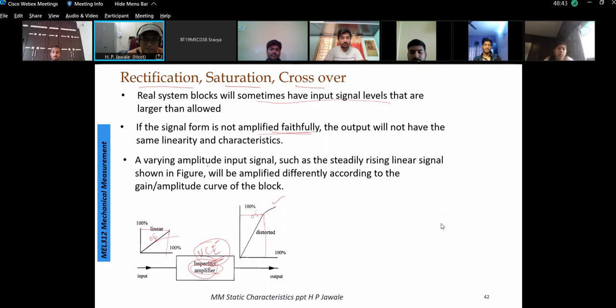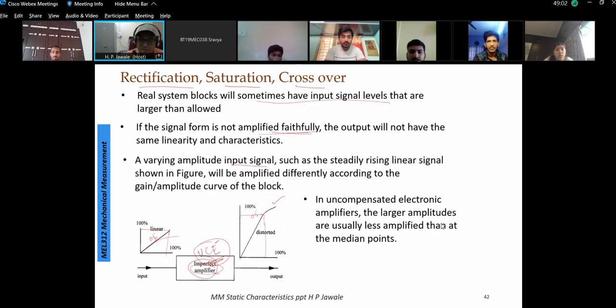So a varying amplitude input signal, such as the steadily rising linear signal shown in this figure, will be amplified differently according to the gain or the amplification factor or amplitude curve of the block. So in this condition, we can find that with uncompensated electronic amplifiers, say if the amplifiers are not properly designed, the large amplitudes are usually less amplified.